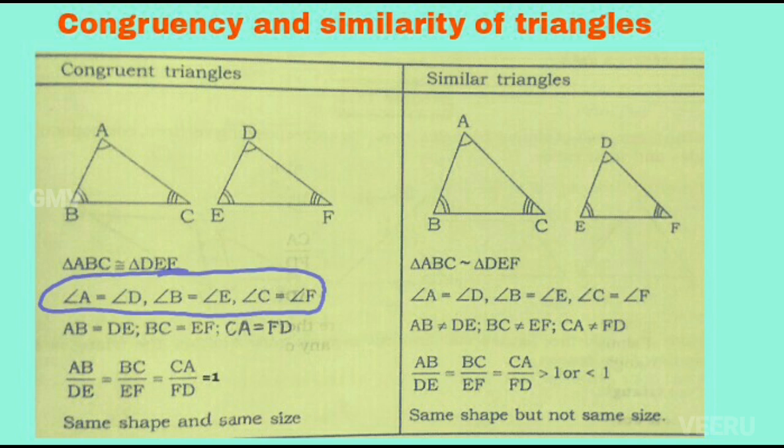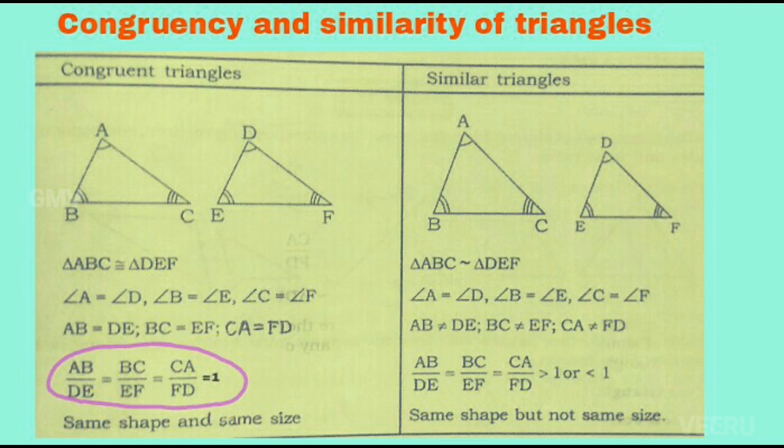Now see the difference between congruent triangles and similar triangles. In case of congruent triangles, the corresponding angles are equal and also the corresponding sides are equal. If we take the ratio of the corresponding sides, we get the value 1. Here they have the same shape and same size.